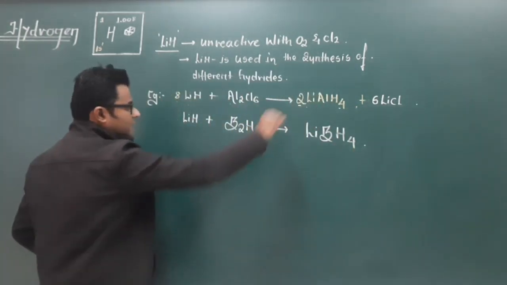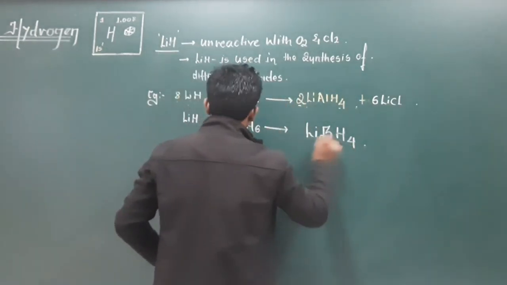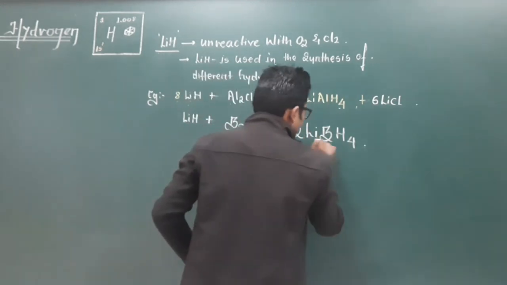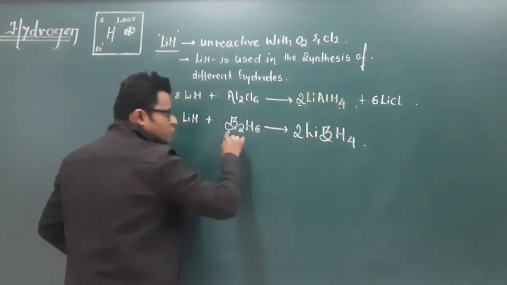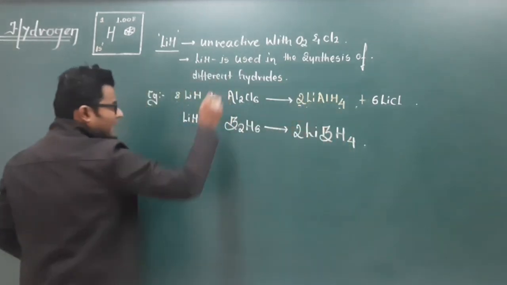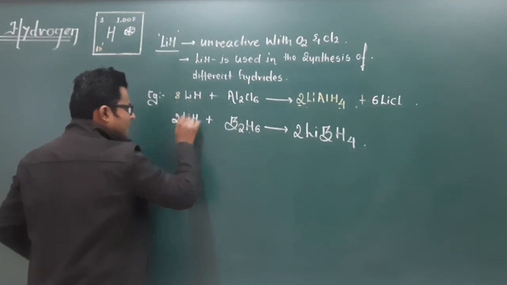Okay, so let's check. 2 borons over here. 2 into 4 is 8, but here we have 6 plus 1, 7, so we will take 2 here.